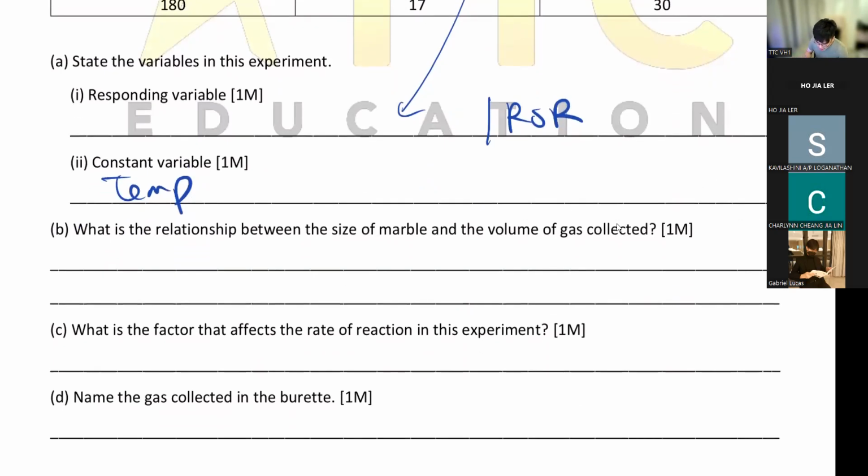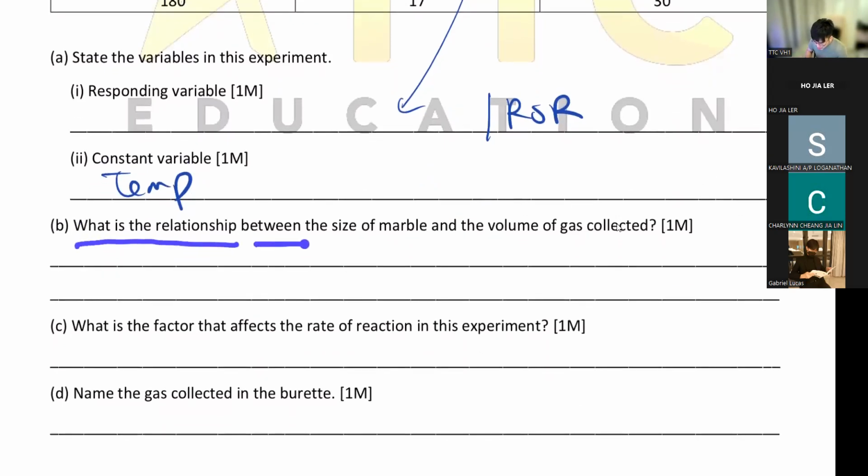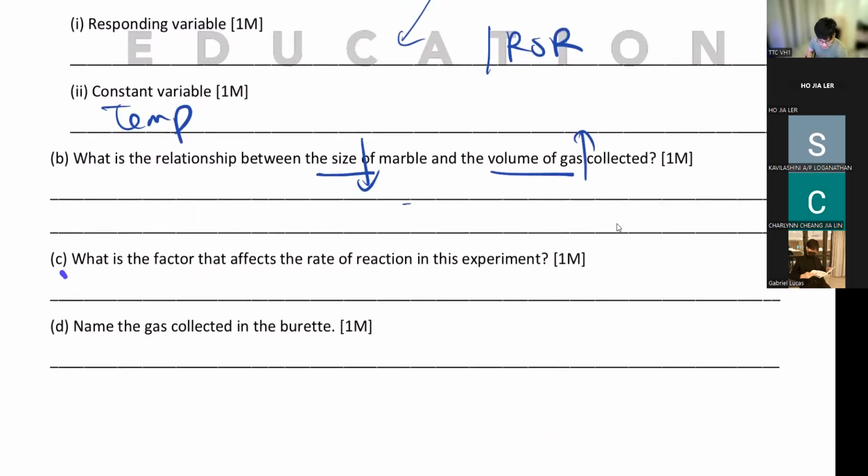All right, so B, what is the relationship between the size of marble and the volume of gas collected? So the smaller the size, the higher the volume of gas. Yeah, so easy. So C, what is the factor that affects the rate of reaction? That would be your size.